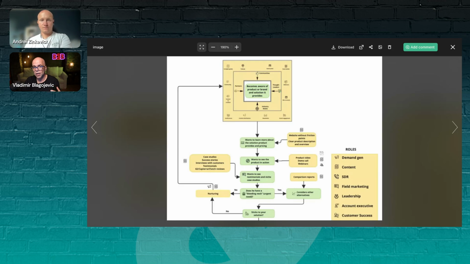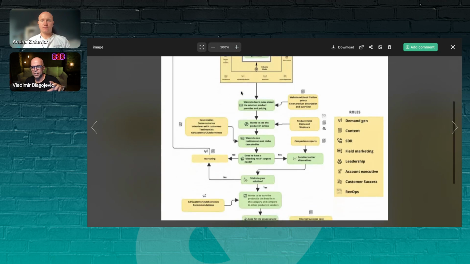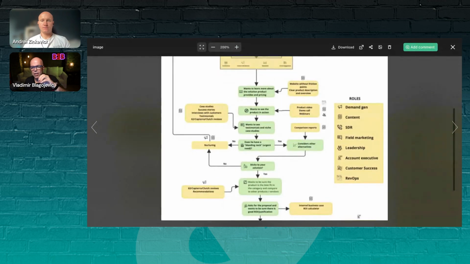Then also looking at the analytics and figuring out what are the touch points that we see these customers use to become an opportunity. Then also looking at the CRM to understand at which point did we start to have conversation with other people.